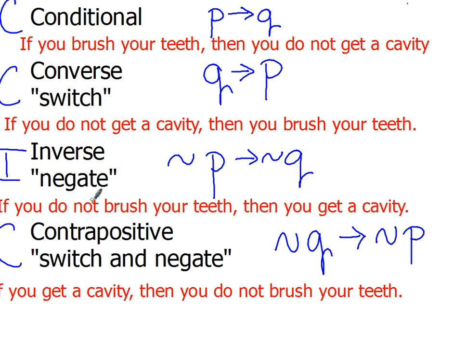So it's going to be the opposite. Same order as the conditional, but just the opposite values. So if you do not brush your teeth, then you get a cavity. Same order, teeth, cavity, just different values. Contrapositive, we want to both switch and negate. So if you get a cavity, then you do not brush your teeth.